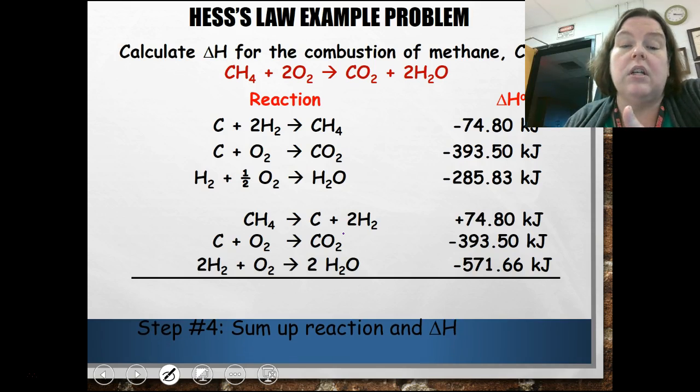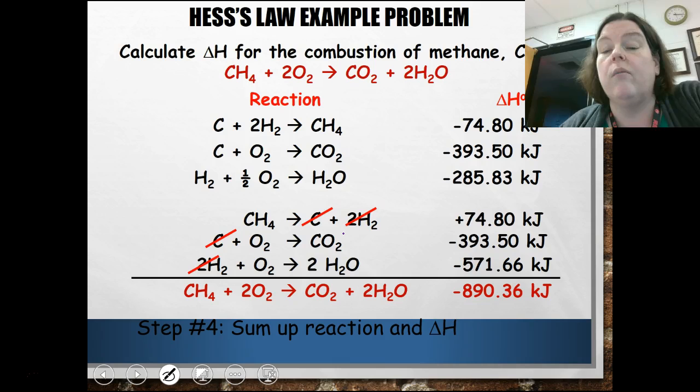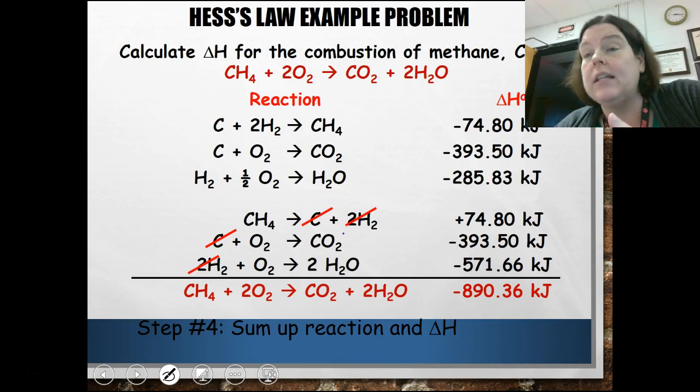So sum up the reaction and the delta H. All of that canceled out that I just said, leaving us with that, and then we add the delta H together and we get negative 890.36 kilojoules. This is how you use Hess's law. Don't panic. It's not hard. It's just a puzzle. You're given a set of equations and reactions with delta H's, and you're looking for the pieces of the puzzle that give you the overall reaction and cancel everything else out that you don't need.